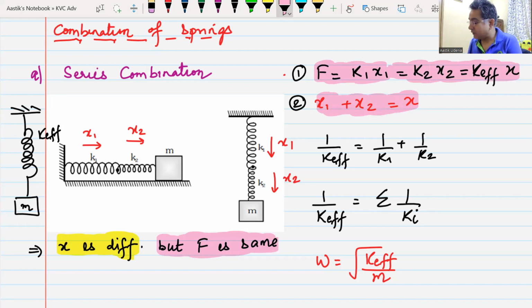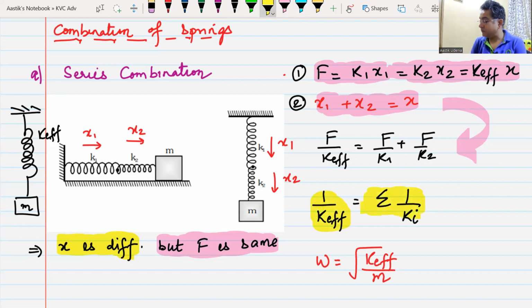From this, I can write x as F by k effective, x1 as F by k1, and x2 as F by k2, and that is how we arrive at the equation which tells us the effective spring constant of springs connected in series.